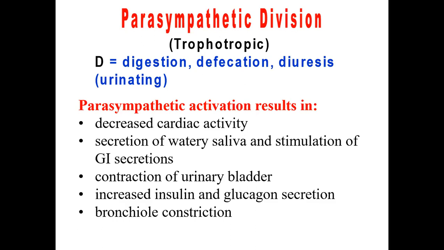Parasympathetic activation results in decreased cardiac activity, as I already told you. It results in secretion of watery saliva and stimulation of gastrointestinal secretions. It causes contraction of the urinary bladder, increased insulin and glucagon secretion, and bronchiolar constriction.